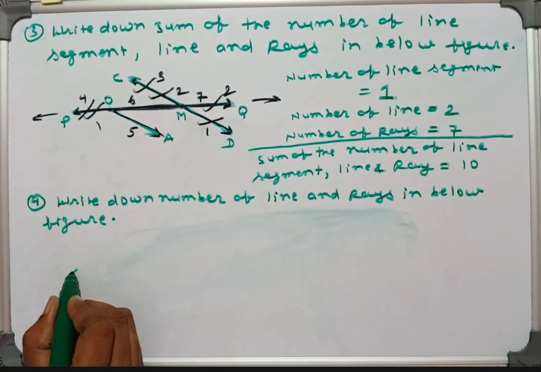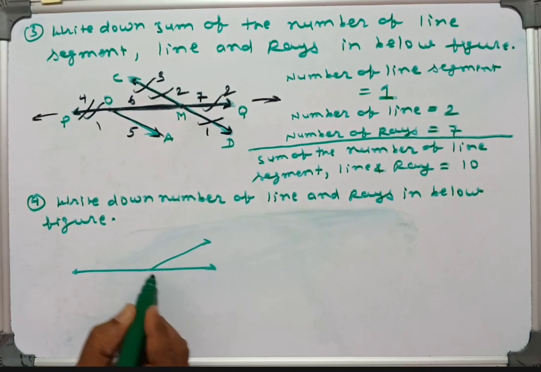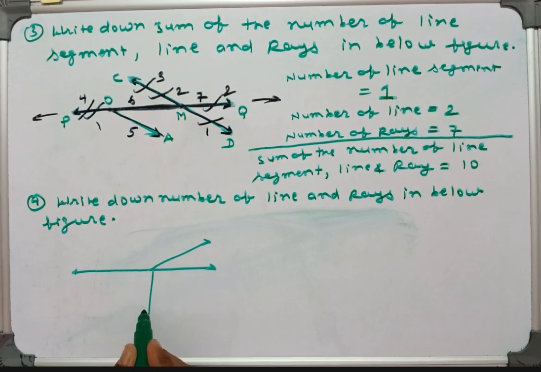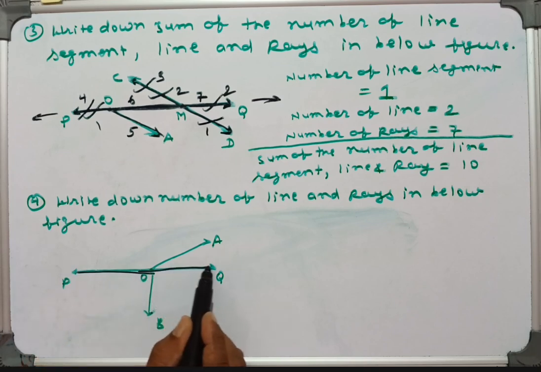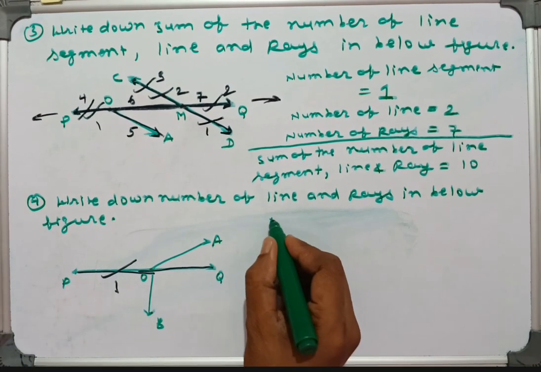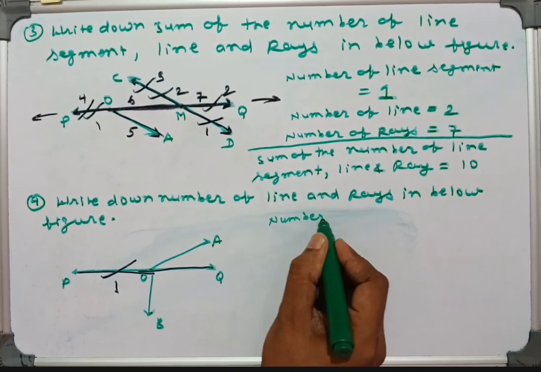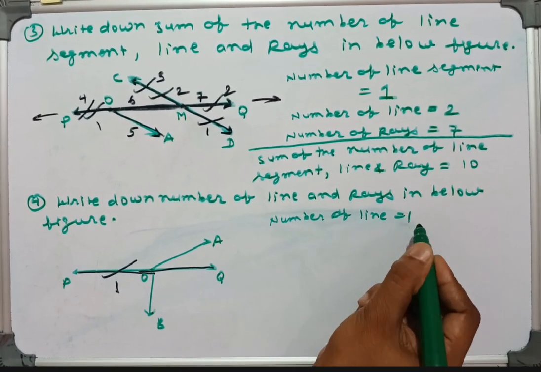See the figure here. See here, only one line is present, which is PQ. So the number of lines is equal to 1.